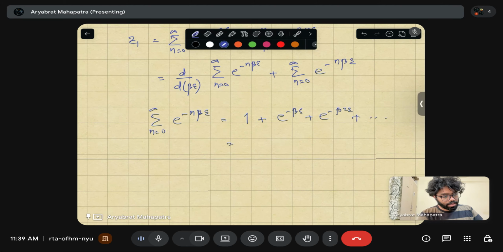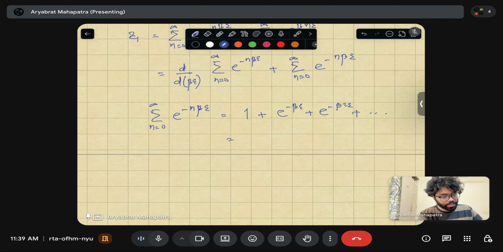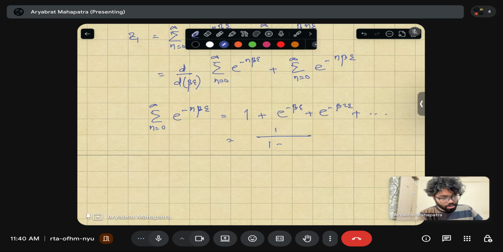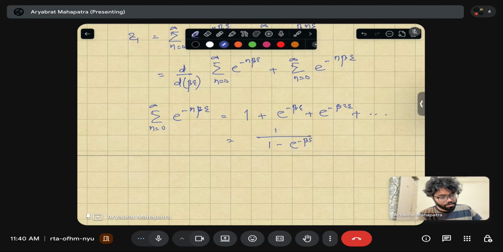That means this is a geometric series, so this is 1 over 1 minus exponential minus beta epsilon.